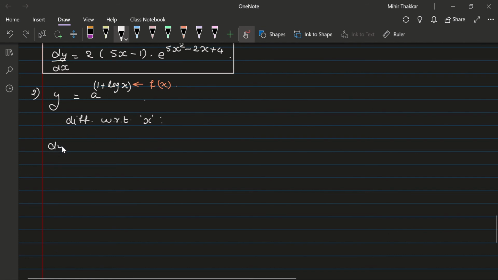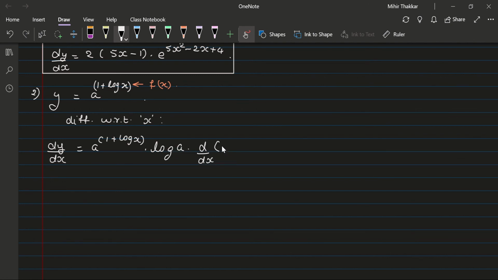So derivative of y is dy by dx, which is equal to a raised to f(x). So the answer is a raised to 1 plus log x into log a into derivative of f(x).